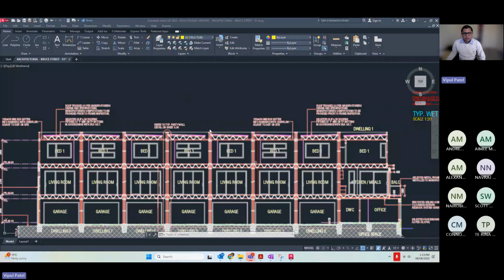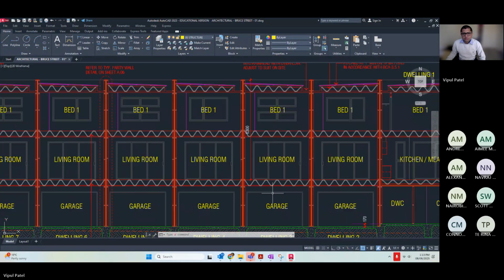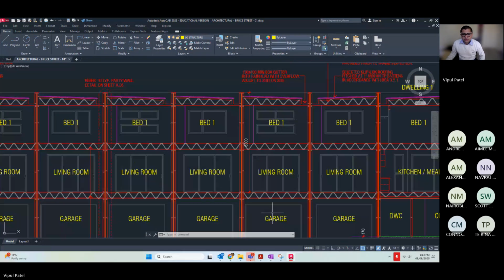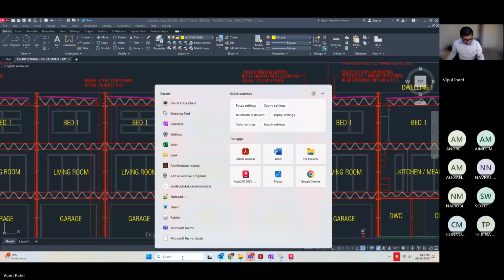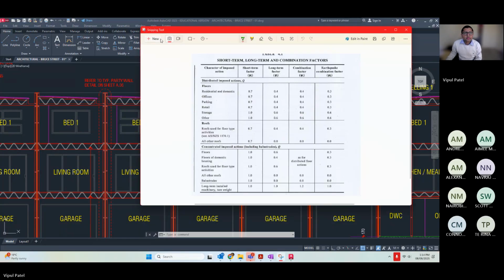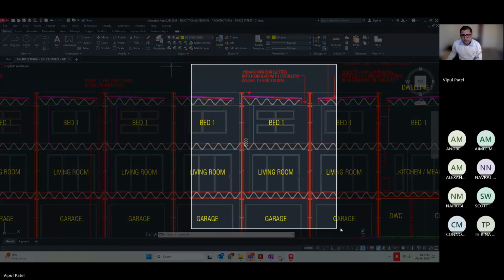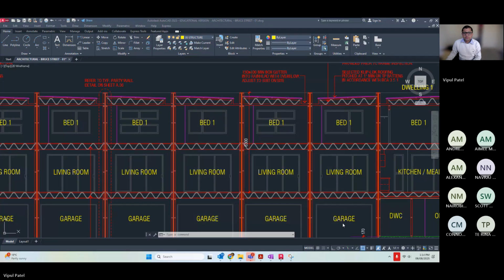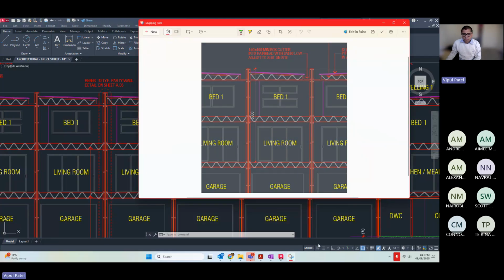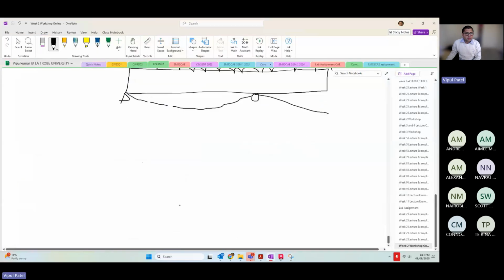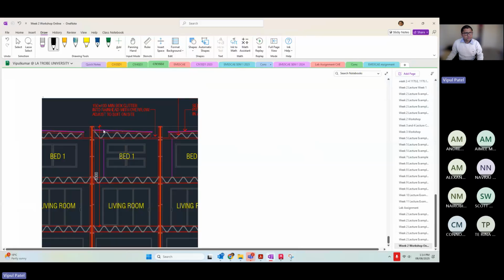All right, so now let me put that 6 meters details as well in the file so you know what we're talking about. Copy, and the wall height.